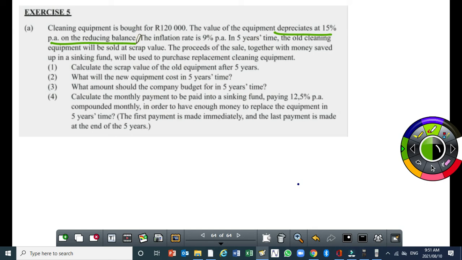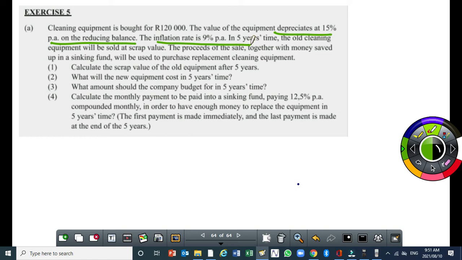The inflation rate is 9% per annum. In 5 years' time, the old cleaning equipment will be sold at scrap value. The proceeds of the sale, together with the money saved up in a sinking fund, will be used to purchase replacement cleaning equipment. The first question says, calculate the scrap value of the old equipment after 5 years.